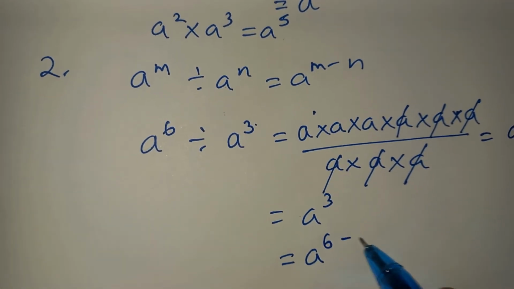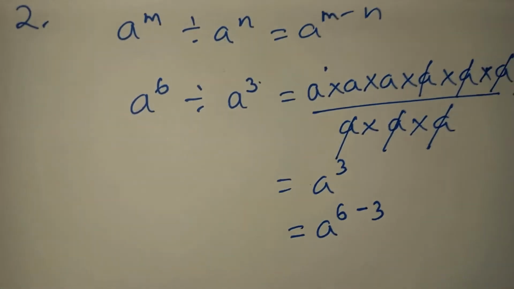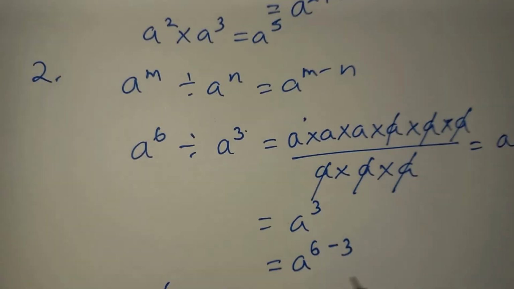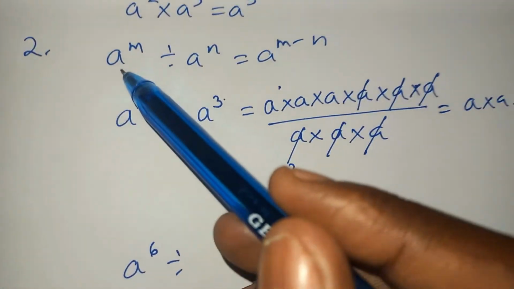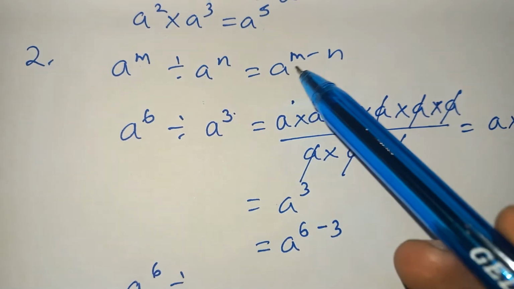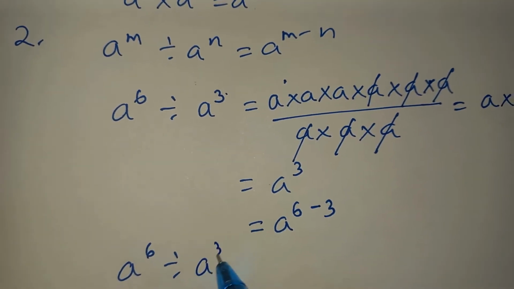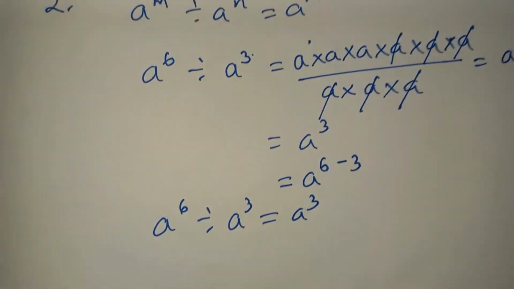That is, taking 3 and subtracting it from 6. So this demonstrates the division rule of indices, which says that a power m divided by a power n is the same as a raised to power m minus n.